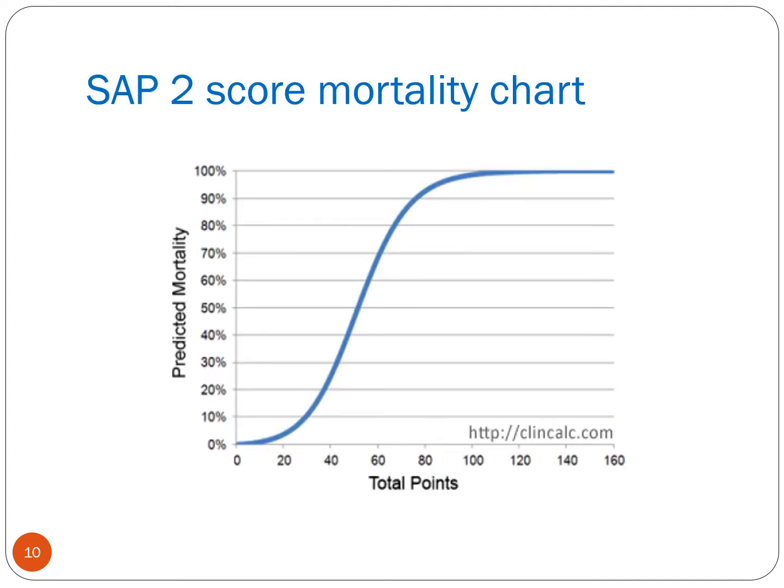So this is a chart of how the SAPS2 score can be used in regard to mortality. Here's what you're looking at. This graph, on the vertical axis from 0 to 100%, calculates the predicted mortality of patients.